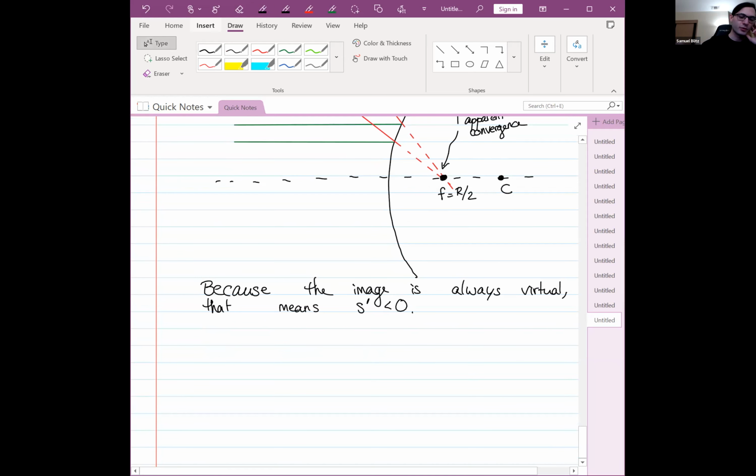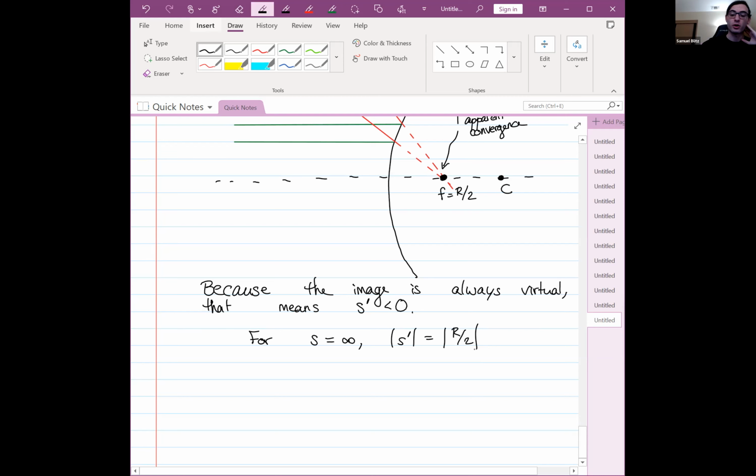And so we also know that S prime, when the object is infinitely far away, we know that the magnitude of S prime, where the image appears to be, is equal to the magnitude of R over 2. I'm just putting magnitudes everywhere because we're only talking about distances.